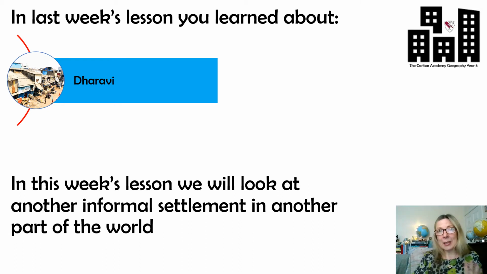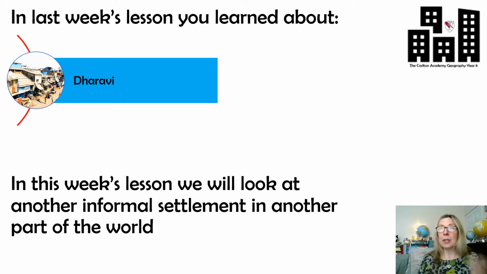So I had intended to look at the recycling industry in more detail and the building of shanty towns this week, but I'm going to do that next week instead, because I'd like to show you another informal settlement somewhere else. And what we're going to do today is compare and contrast.